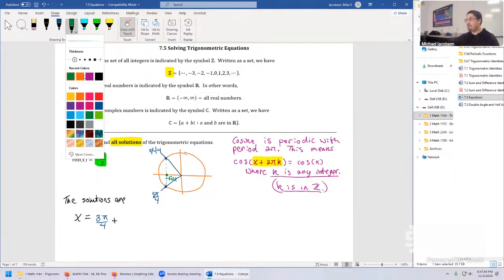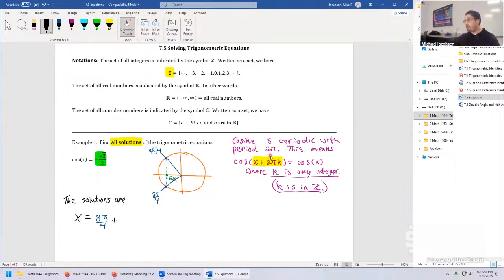You have to add the period 2 pi times k. And all we're using is this idea right here from periodicity. Values repeat like this, and we can say, or x equals the other solution, 5 pi over 4, plus 2 pi times k. So both branches give us infinitely many solutions.